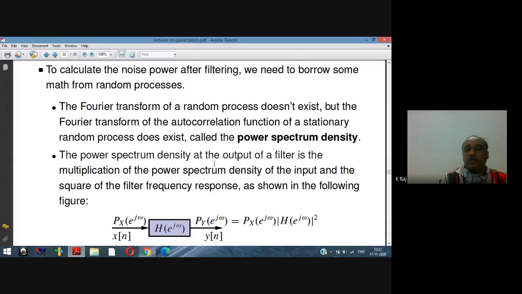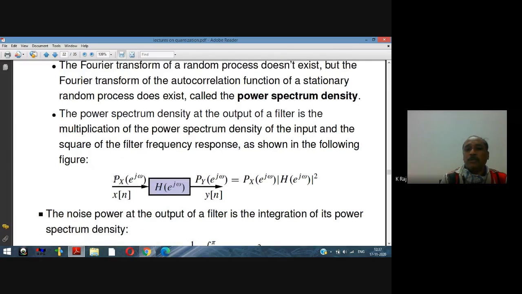The power spectrum density at the output of a filter is the multiplication of the power spectrum density of the input and the square of the filter frequency response.